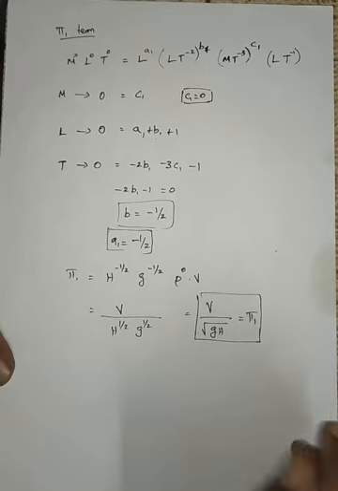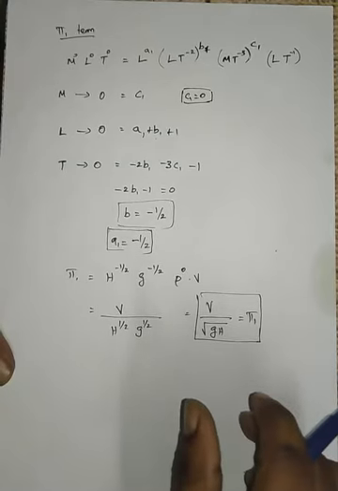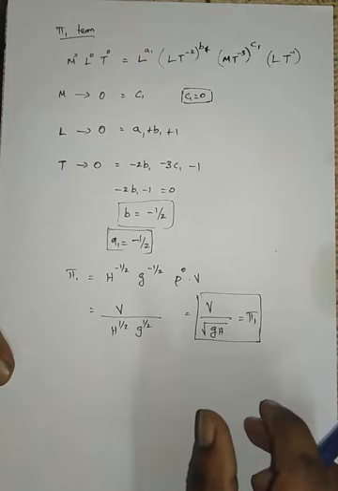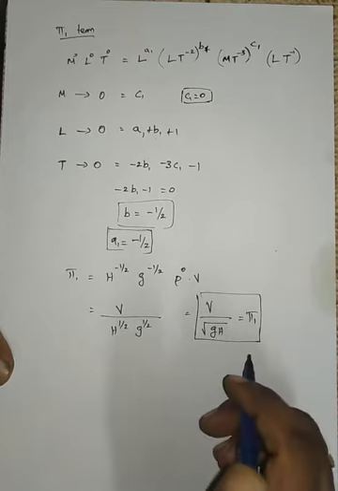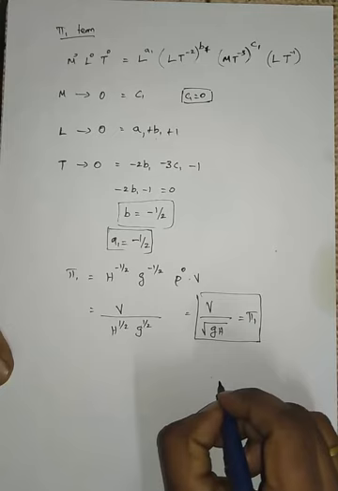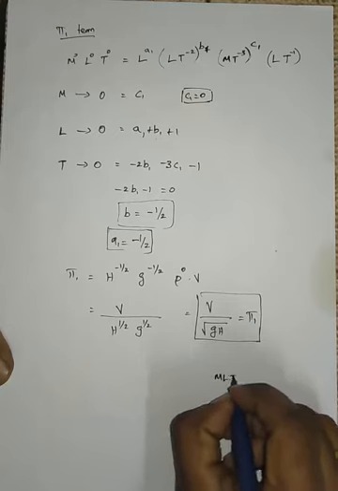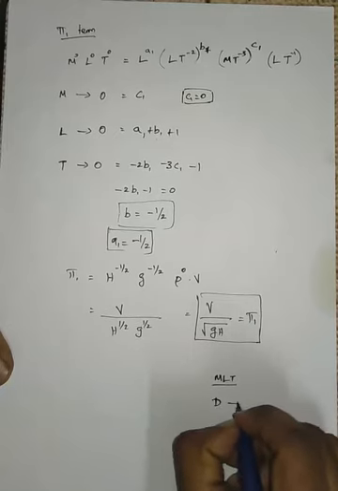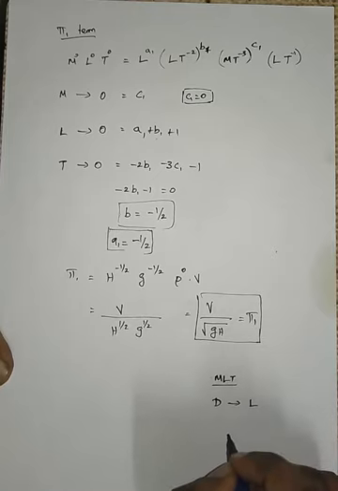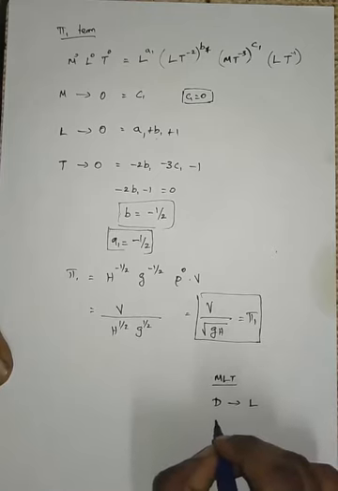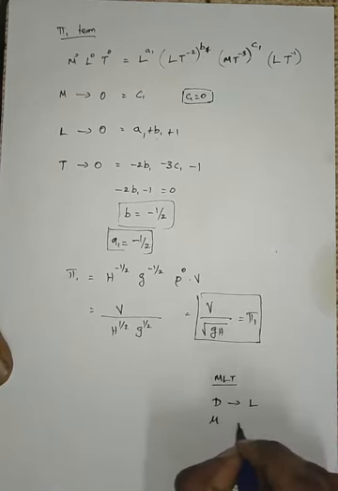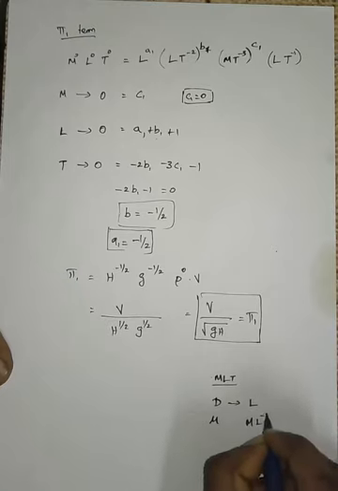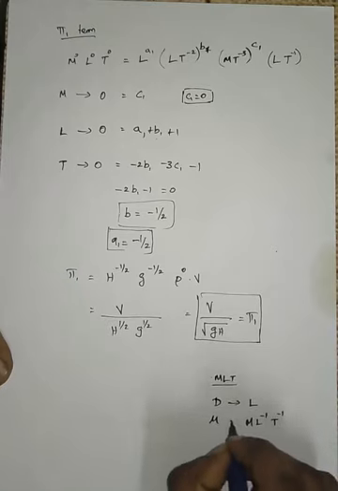Similarly, we can find the pi 2 value and pi 3 value. While finding the pi 2 value, the MLT system of the diameter D is L, and in the third pi term, the MLT system of mu is M, L power minus 1, T power minus 1.